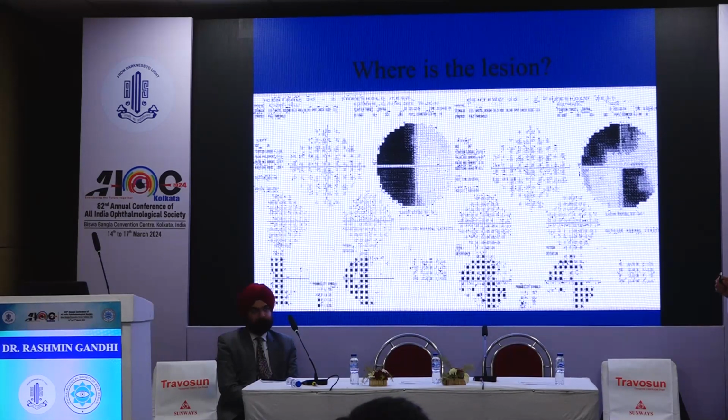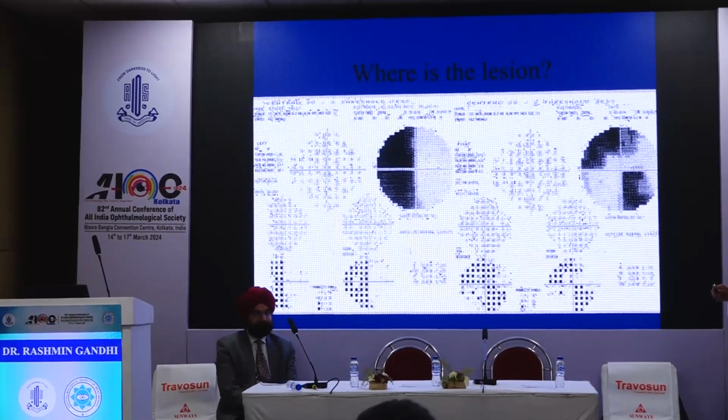So you know that you have a chiasmal problem which is coming from above, because when you have a predominant inferior defect of one side, you know that the chiasm is being compressed from above. So that's the first information that we got: chiasmal lesion which is above. How do we fit in this? This is like an arcuate defect, and an arcuate defect also is a sign of an optic nerve lesion.